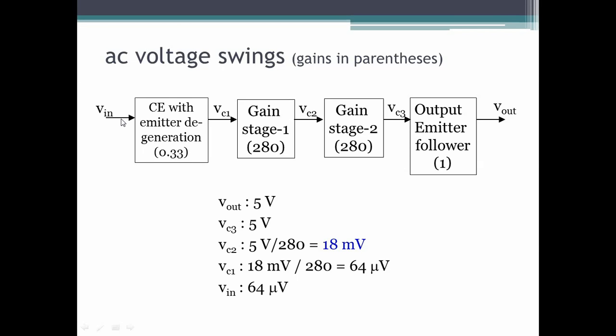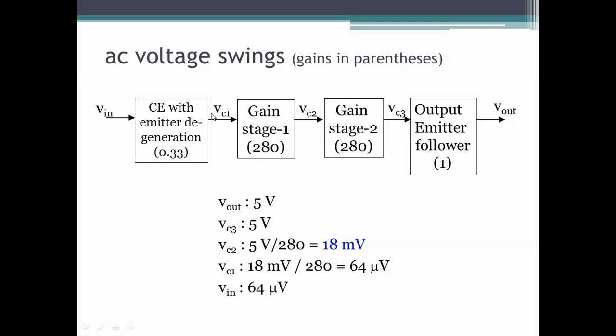Okay, what is the meaning of all this? The meaning of all this is that when the input amplitude is 64 microvolts, the output amplitude will be 5 volts, and that is basically the amplitude that we will be designing for. If the input amplitude grows greater than 64 microvolts, then the output will experience some clipping or some distortion of the output signal.